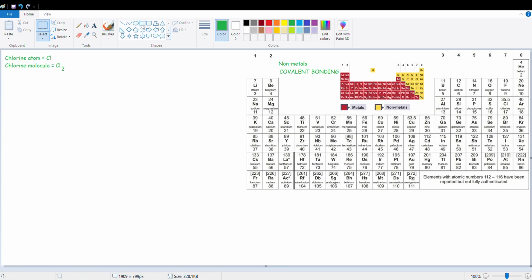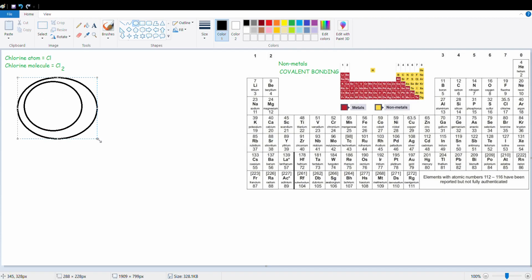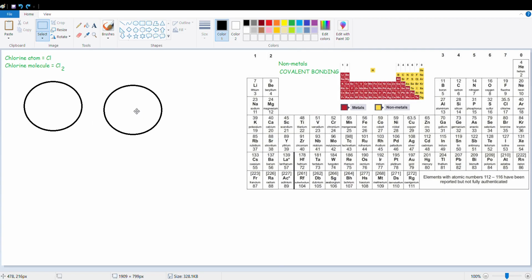So let's say this is chlorine, let me just make it black, and we have another chlorine like this. In chlorine, group number 7, we have 7 electrons in the outermost shell.